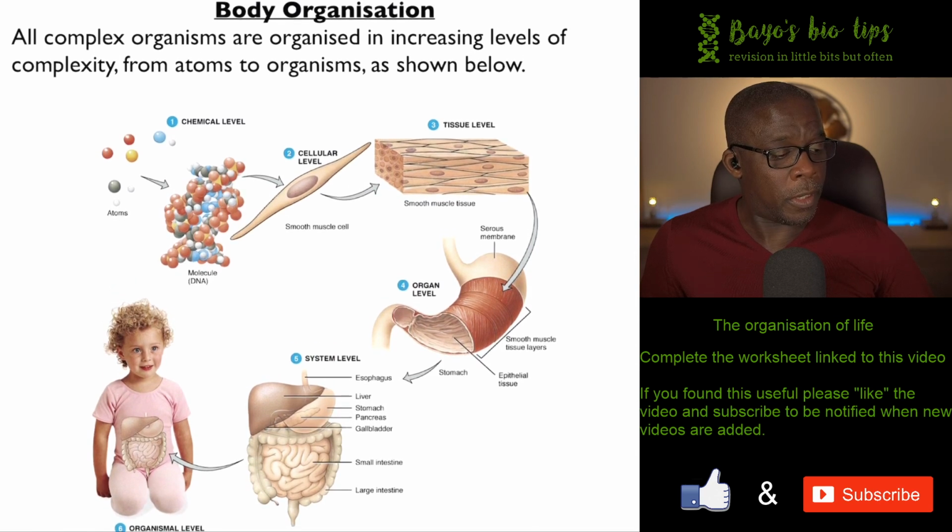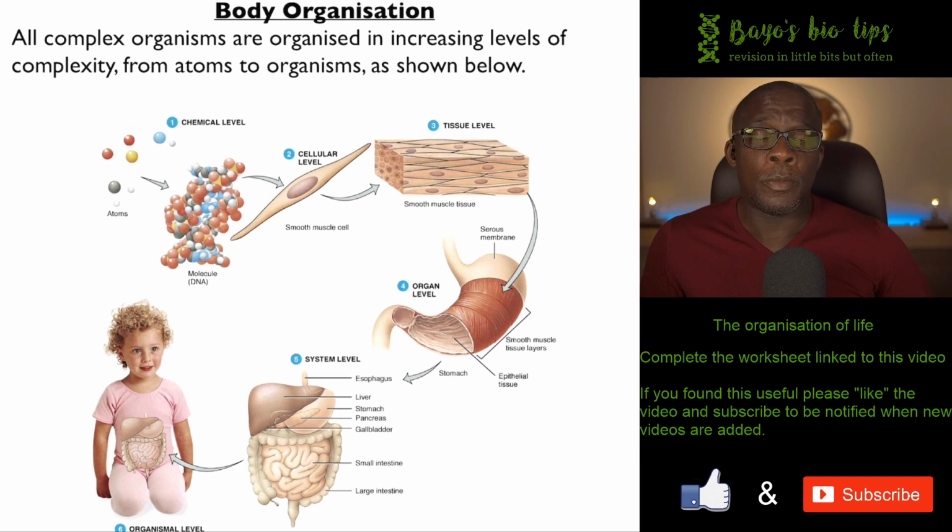Unicellular living things are made up of single cells, whereas multicellular living things are made up of multiple cells, sometimes trillions of them. And as a result, they need to be organized in order to carry out their functions.